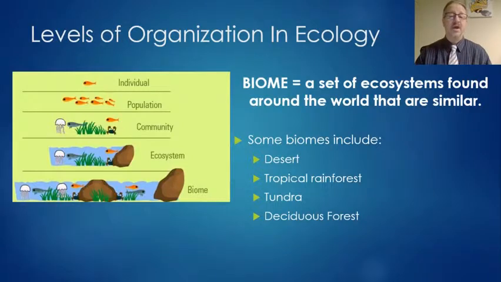Here in Pennsylvania, we live in a deciduous forest biome. Deciduous basically just means changing with the seasons. So our trees will change color in the fall, and the leaves will fall off and they go dormant for the winter. And then in the spring, they spring back to life like they've done over the last month or so.